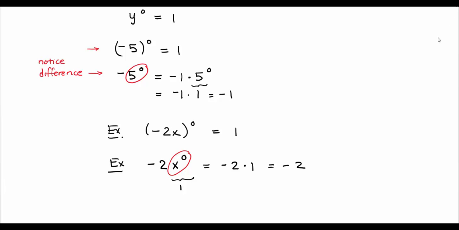Okay, let's talk a little bit about negative exponents. Okay, so the second part is negative exponents. Right, so we have, say, now the definition of b to the negative n.